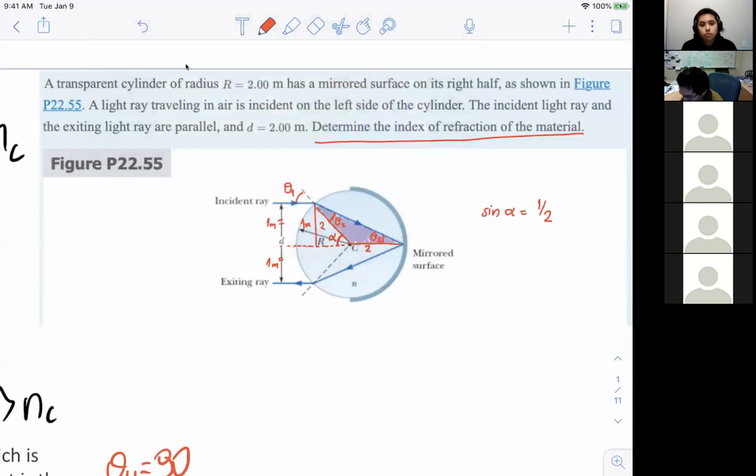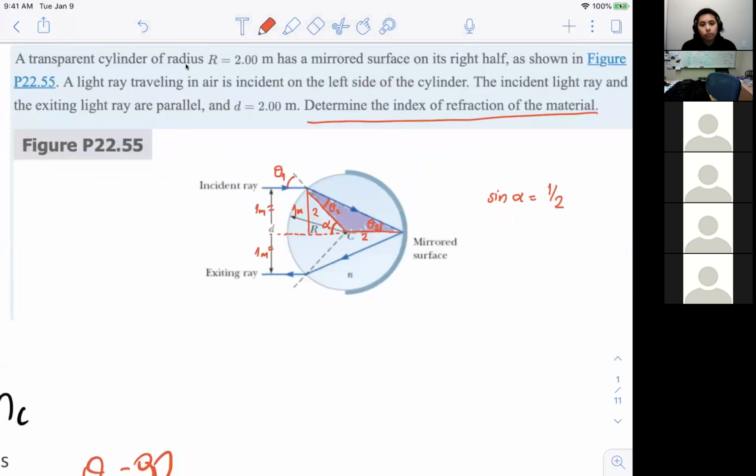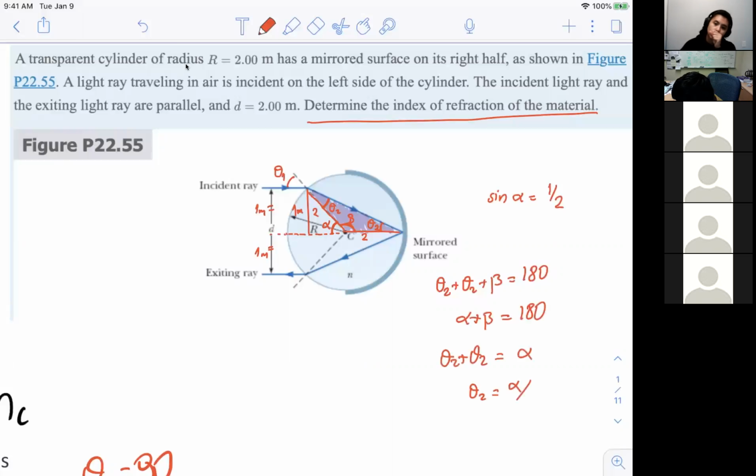Then if we call this other angle beta, theta 2 plus beta will be 180 degrees, which is the total of the angles of a triangle. And you see that alpha plus beta is also 180 degrees. Then you can see that theta 2 plus theta 2 equals alpha, and theta 2 is half of alpha.